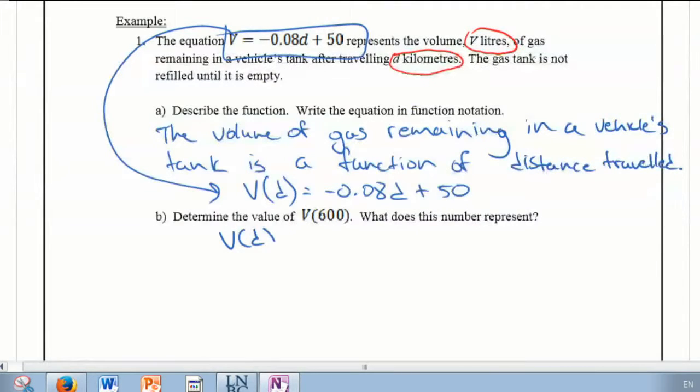V of D is equal to negative 0.08 times the distance plus 50. Now I'm asking you to find the volume of gas in your tank when you've driven 600 kilometers.